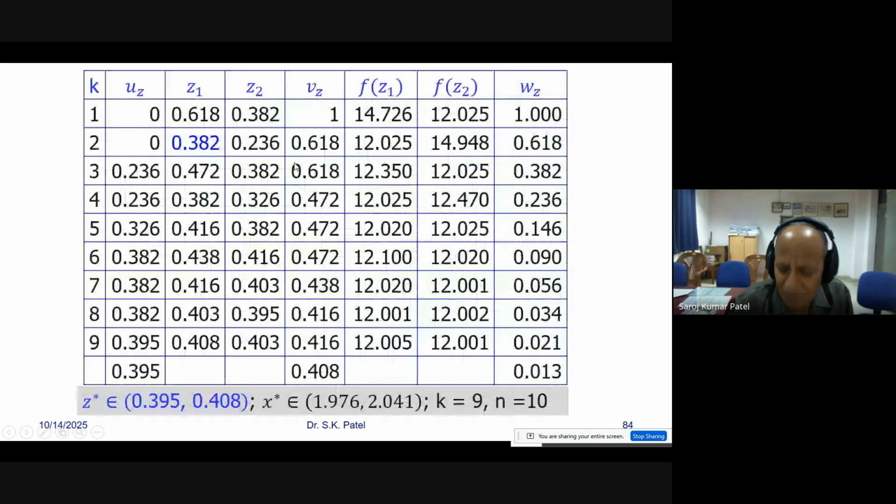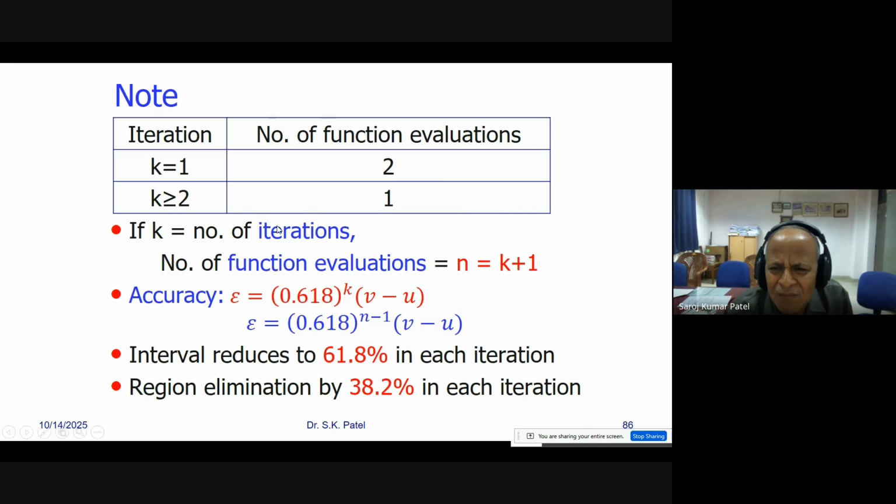If it is x, the width of the interval is v minus u, so it will be 0.618 to the power k into v minus u, because v minus u is the initial interval. The moment this width of the interval becomes epsilon, we stop there. So accuracy we can express as epsilon is equal to 0.618 to the power k into v minus u. And k is equal to n minus 1, because the number of function evaluations is 1 more.